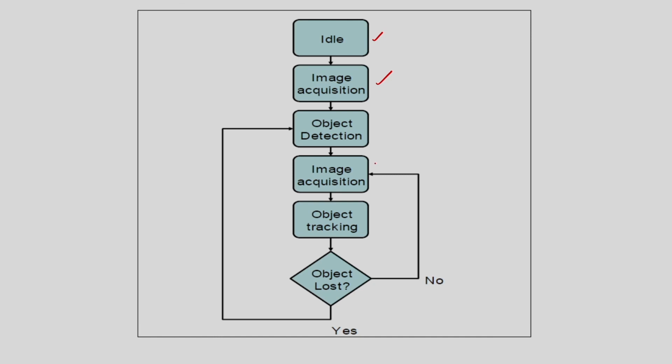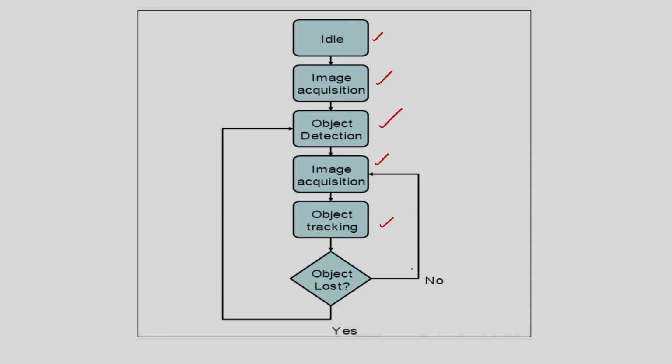After this again the image acquisition from the video, that is, the frames I am collecting or taking from the video. And after this again I am doing the object tracking. And suppose the object is lost in a particular frame, then again we have to detect the objects. And if the object is not lost, then we can continue the tracking.